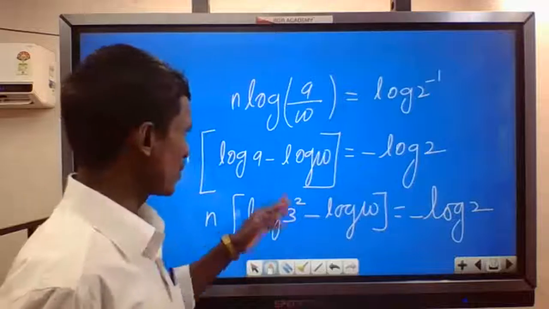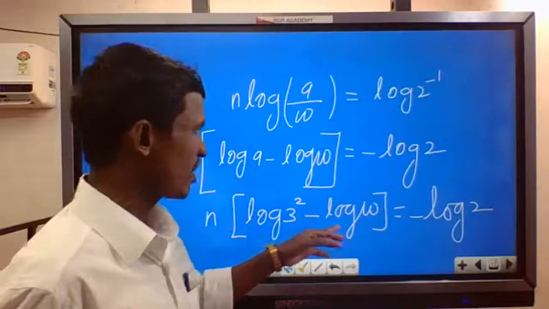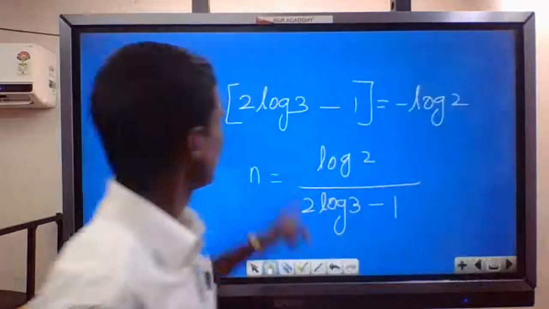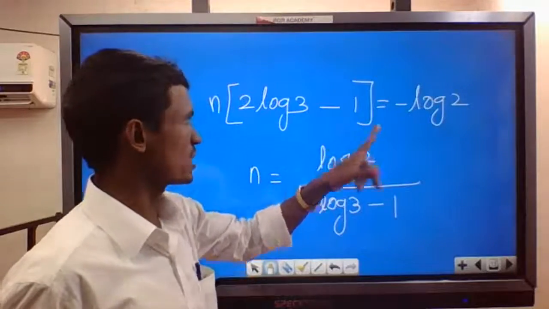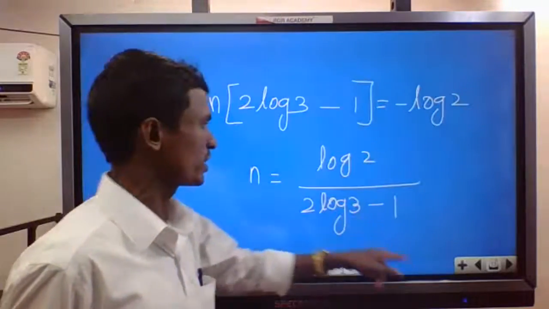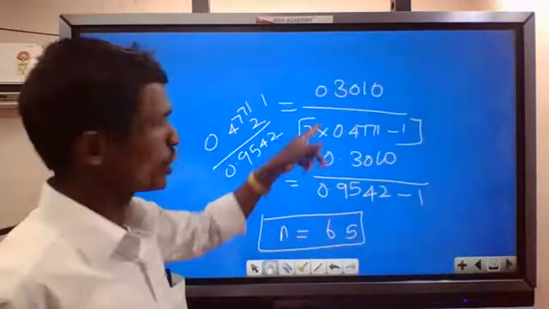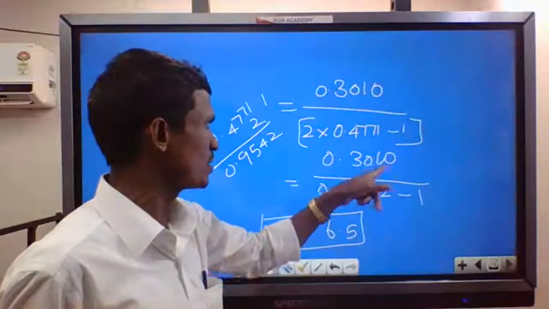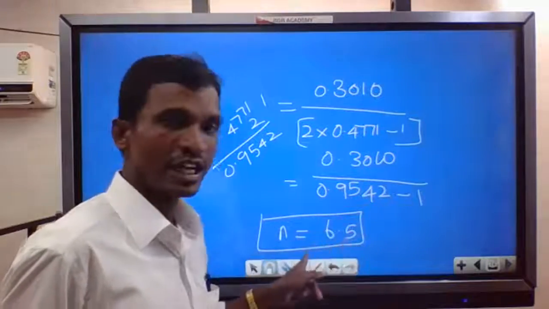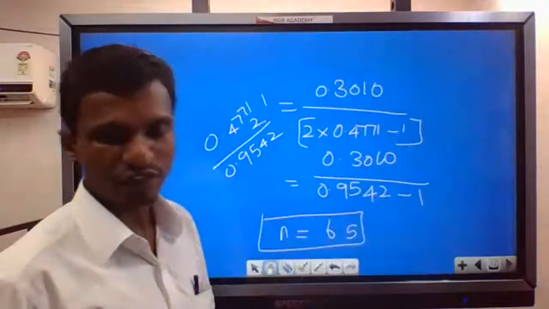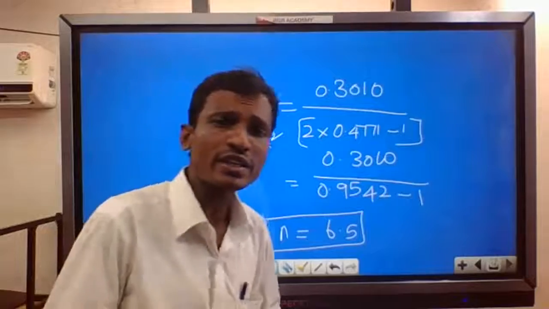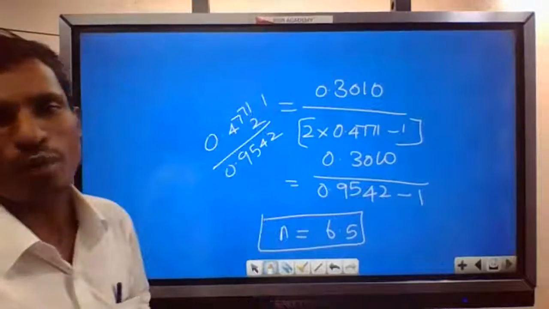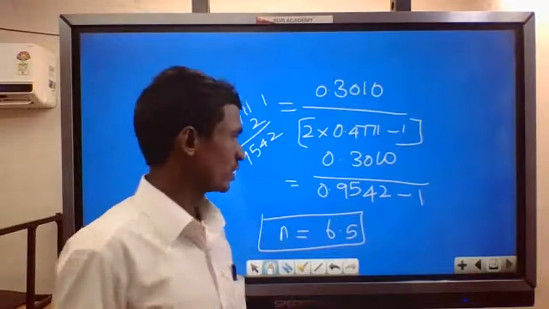Log 9 we write as log 3 square, so 2 log 3 minus 1, n is equal to log 2 divided by 2 log 3 minus 1. 0.3010 divided by 2 into 0.477 minus 1, 0.3010 divided by 0.9542 minus 1, n equal to what? 6.5.